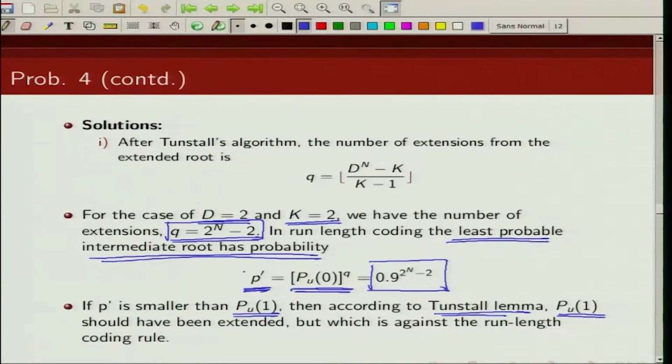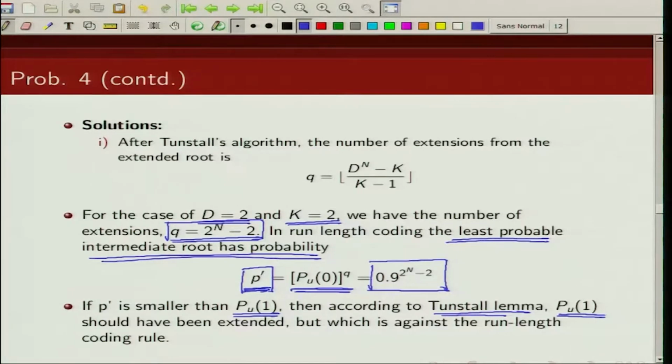If this intermediate probability p dash becomes less than the probability of u being 1, then according to the Tunstall message set construction, we should have extended P of u equal to 1.